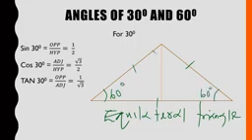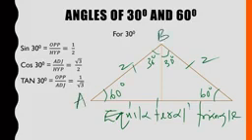Then because of the bisection line, we have 30 degrees here and 30 degrees here. So with 30 degrees, here is 2, here is 2, here is 1, here is 1. So 1 plus 1 will still be 2, the whole length. Let's say A, B, C.